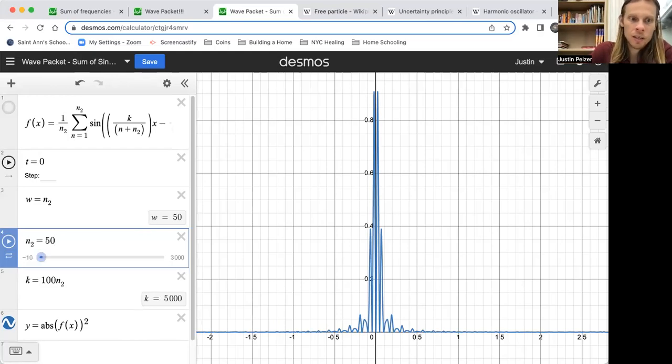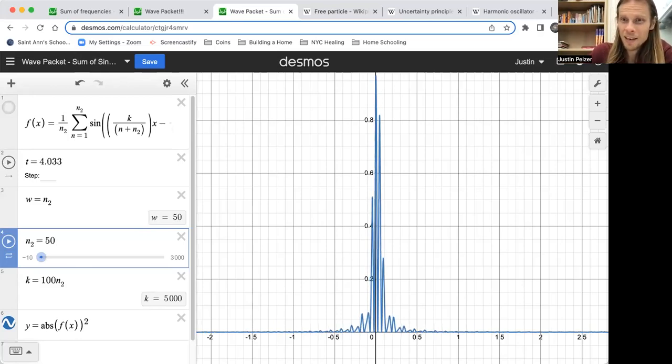And so the idea is that this can move. You can see it moving to the right. It still moves because it's still kx minus omega t, but here's the point, and here's what you should write down.